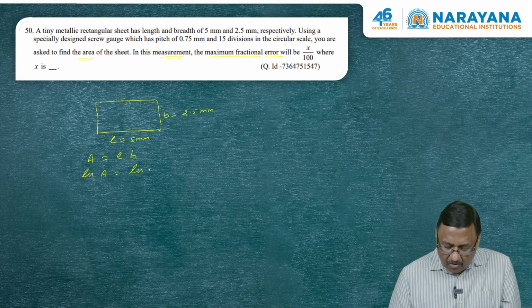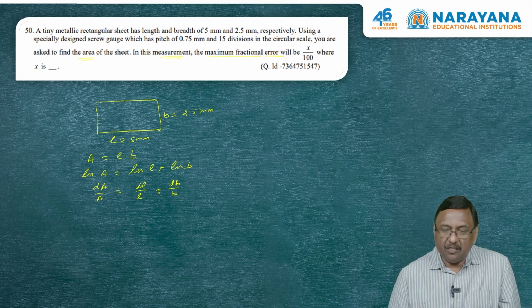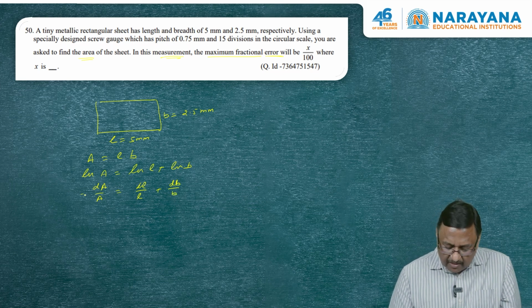Log A is equal to log L plus log B. If I differentiate term by term, I can write dA upon A is equal to dL upon L plus dB upon B. This is the way to write your fractional error in area.